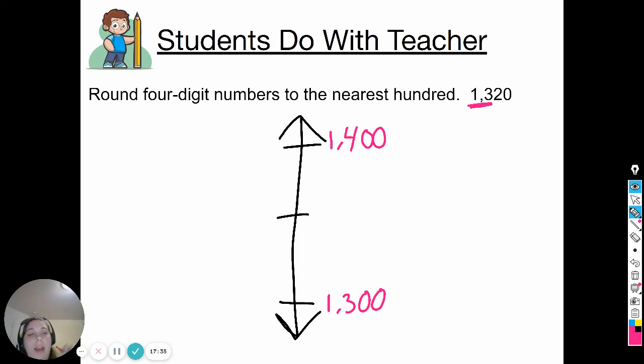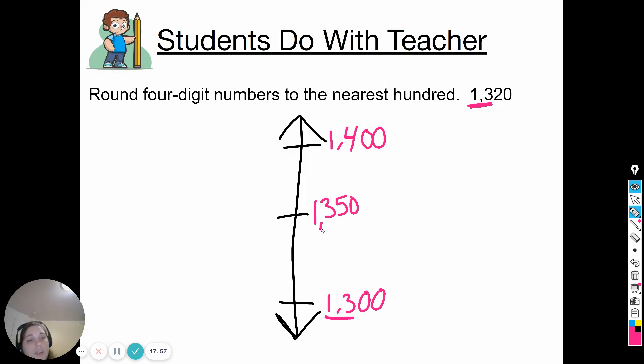And now I need to find my halfway point. I just take my 13, I'm going to keep that, and add a 50 at the end. My halfway point is 1,350. Pause the video if you need to fix your numbers.